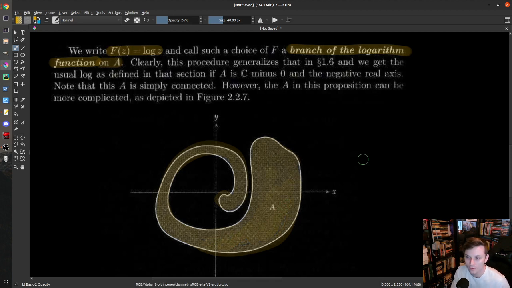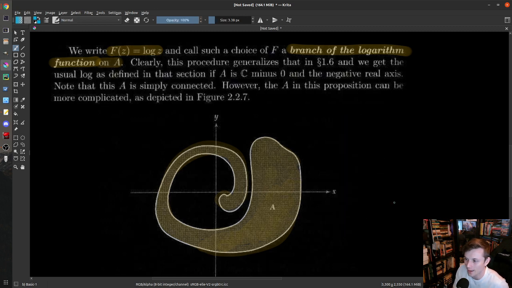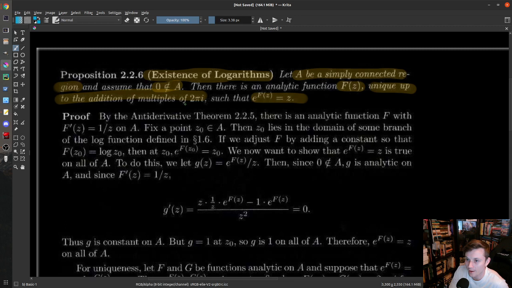What if we have this? What if we want to invert e to the z on this region? Are we just out of luck? No, we can do it. We can come up with something that does it. The big deal is that we don't have 0 in there, and we can come up with something that will take care of us. It's just going to be defined in terms of this unique function up to additive multiples of 2 pi i, just like before with choosing what the arg should be, where you could keep adding 2 pi.